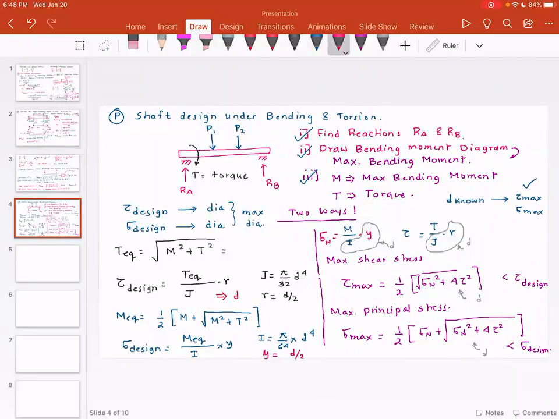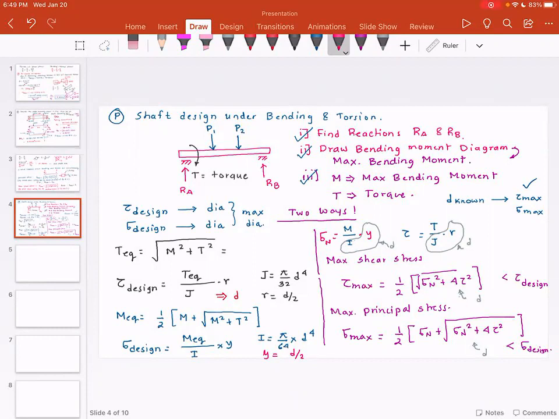Now I want you to take a moment and look at the similarities and differences between the techniques that we have over here. And if you really want to get into the details, you can prove the equivalence very easily.